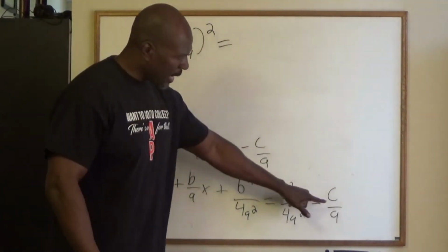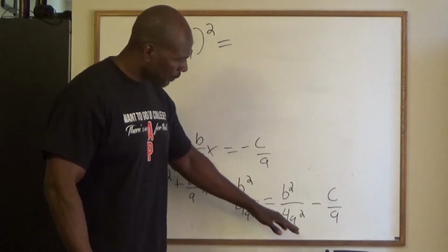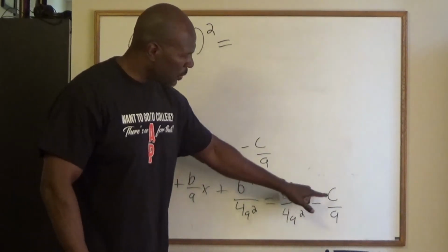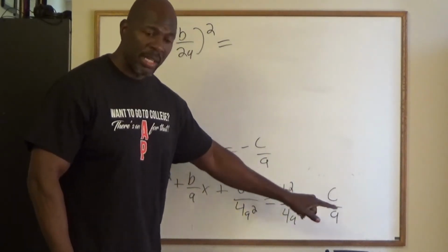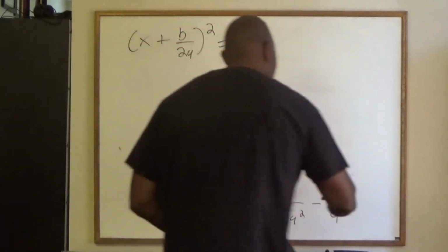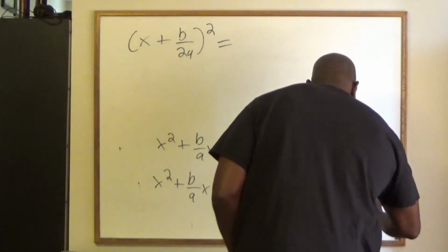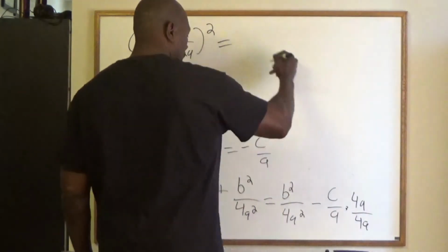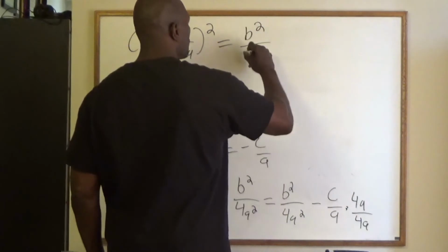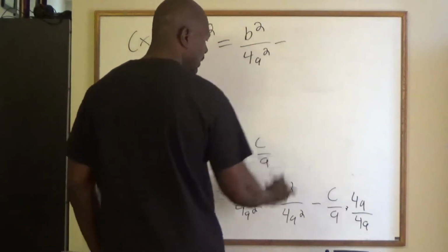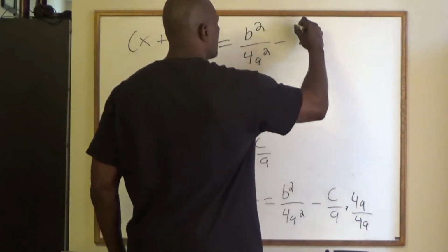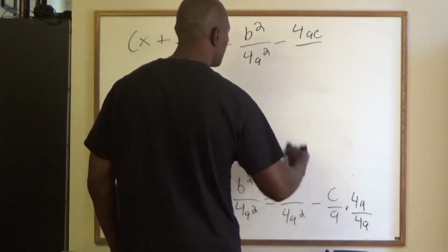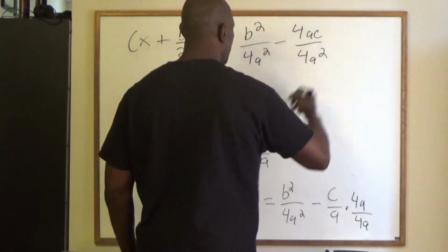Now, these need a common denominator. And so the common denominator would be 4a squared. So you would have to multiply c over a top and bottom by 4a. So this needs to be multiplied by 4a over 4a. And so what will happen, this is b squared over 4a squared minus, so c times 4a is 4ac, and of course a times 4a is 4a squared.